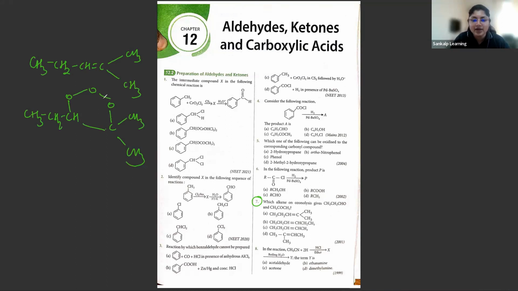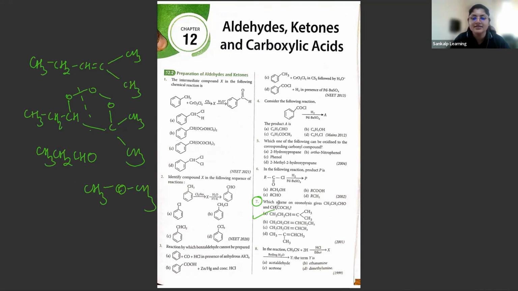So I have added the ozone molecule. What will be the product now? I'll get CH3CH2CHO, and here this will be CH3COCH3.